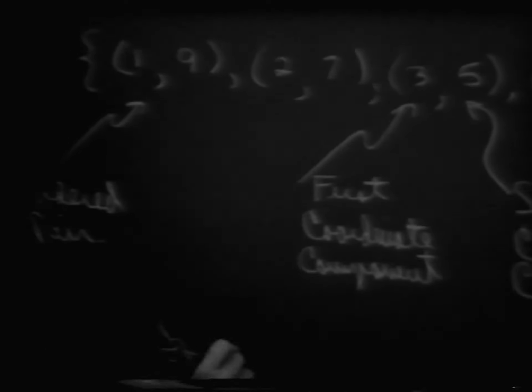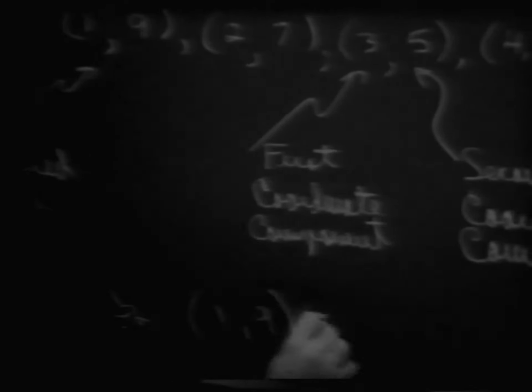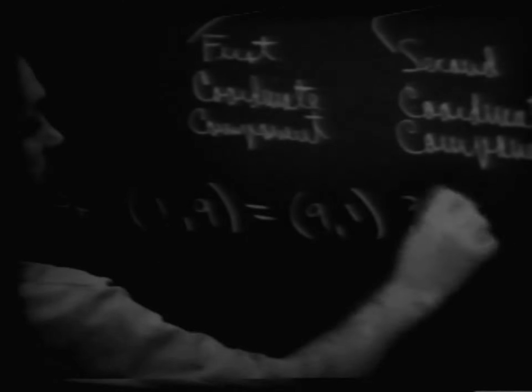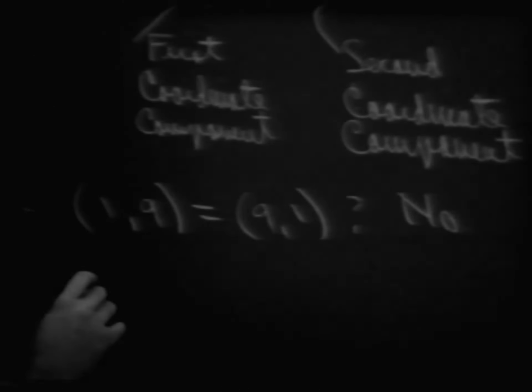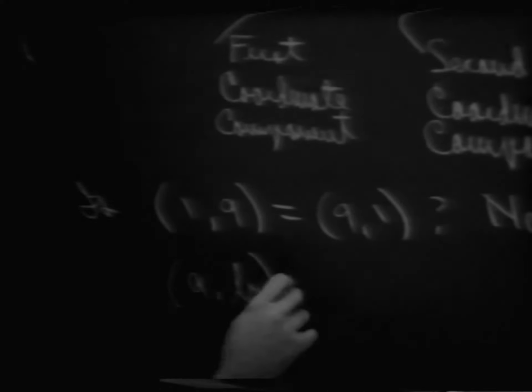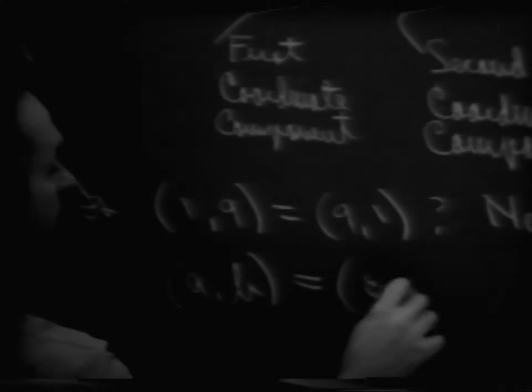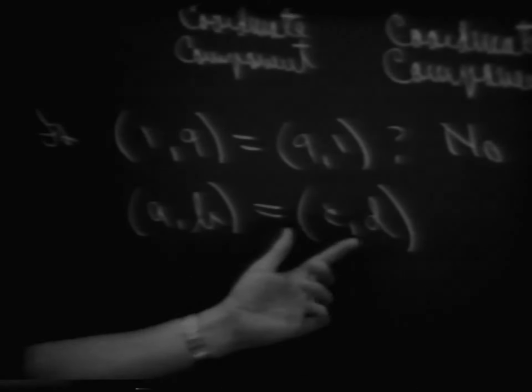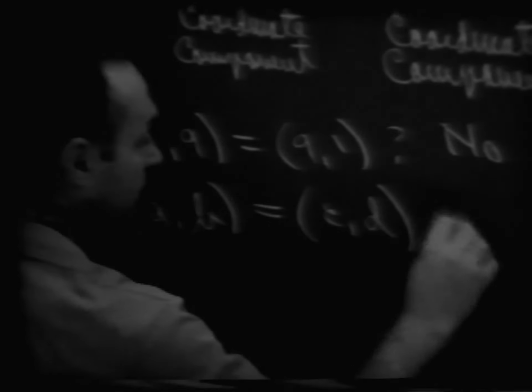Let me ask you a question. Do you think 1, 9 is the same as 9, 1? And I think you would agree that the answer to that is no. Let's decide on what we mean by the ordered pair A, B being equal to the ordered pair C, D. When is the ordered pair A, B equal to the ordered pair C, D?